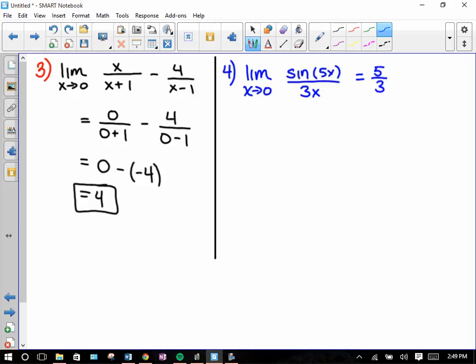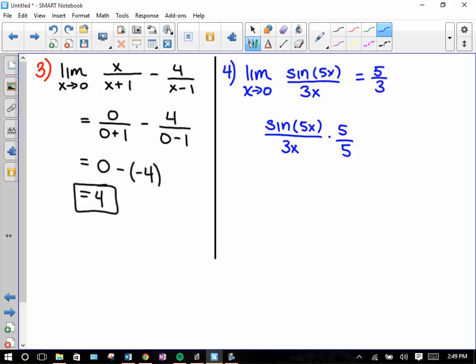Okay. The limit of that is 5 thirds. So how do we do that mathematically? Well, first of all, if I can get this to say sine of 5x divided by 5x, I can use my little trick. So what I'm going to do is multiply this by 5 over 5. I take sine of 5x divided by 3x and multiply by 5 over 5.